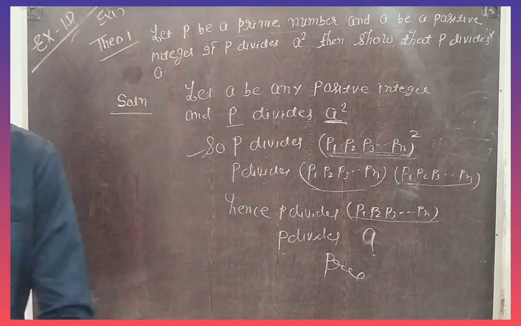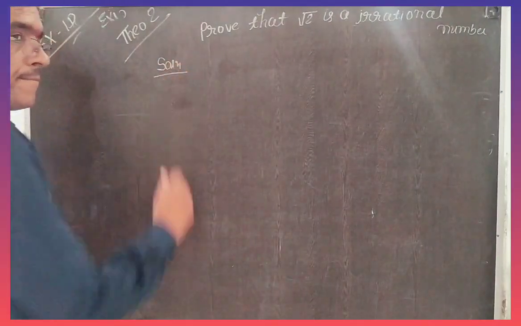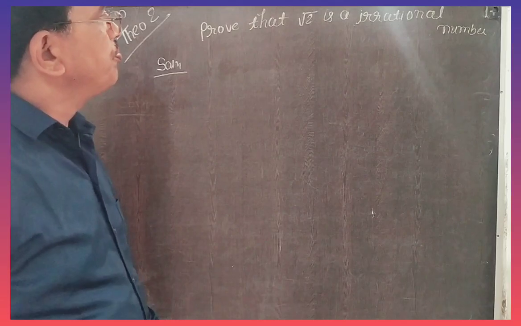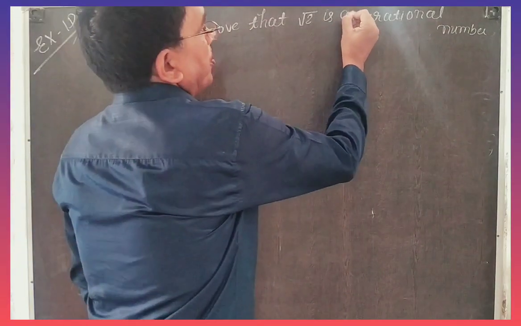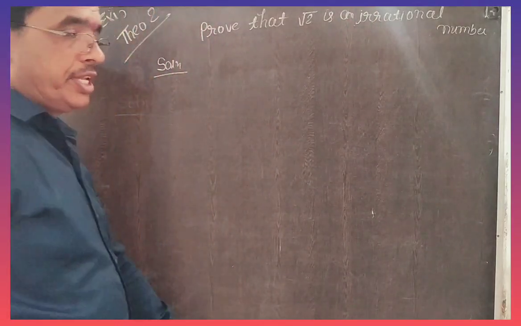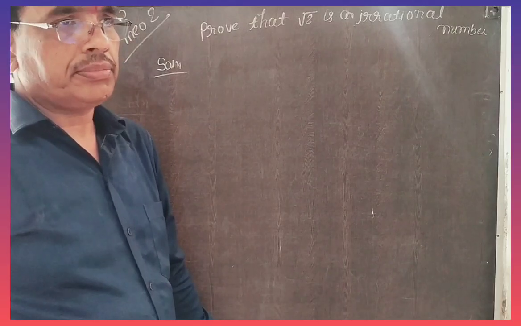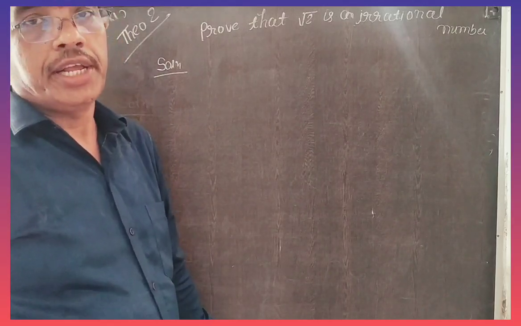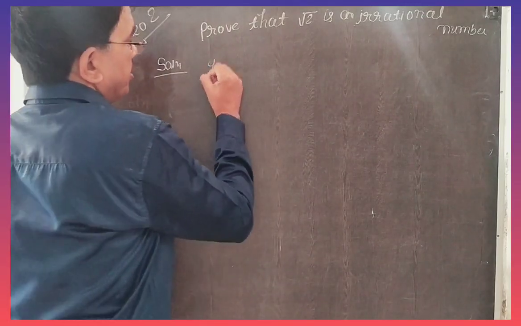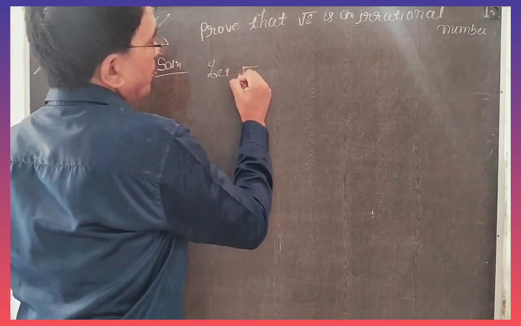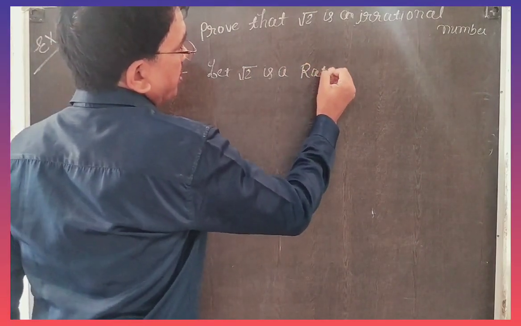Now second question. The next question is: prove that root 2 is an irrational number. This question is solved by the contradiction method; when the contradiction is wrong, then you can write that it is an irrational number. So dear students, you follow it. Let root 2 be a rational number.